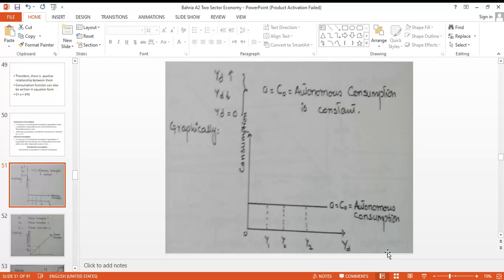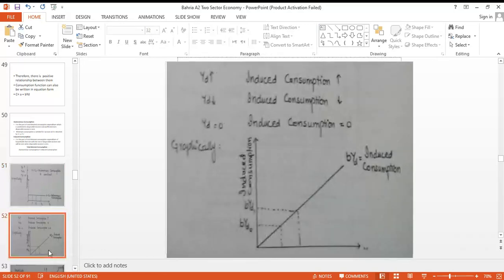There is a certain number of onions that you will consume, even if your income is 1 million. So the autonomous level of consumption is a constant. Remember, y is equal to mx plus c. C represented the constant. So the constant consumption, call it C naught, is the autonomous consumption.